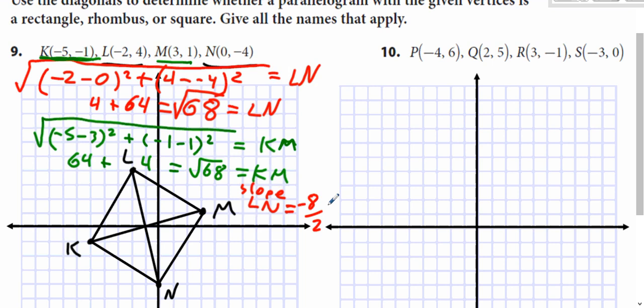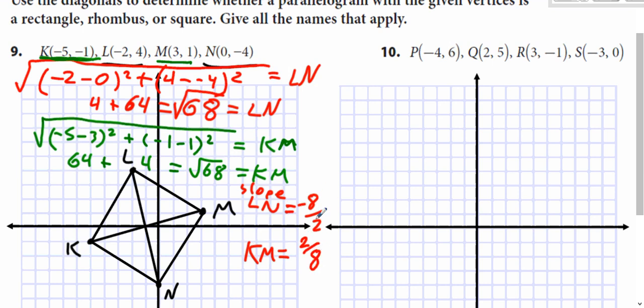You can reduce that to -4/1 if you want to. The slope of KM goes up 2 and over 8. Up 2 over 8.